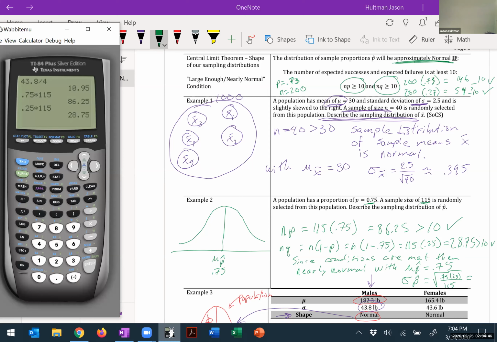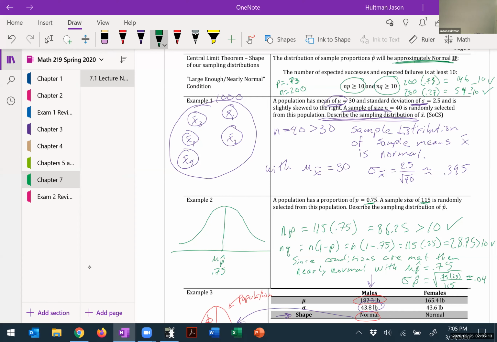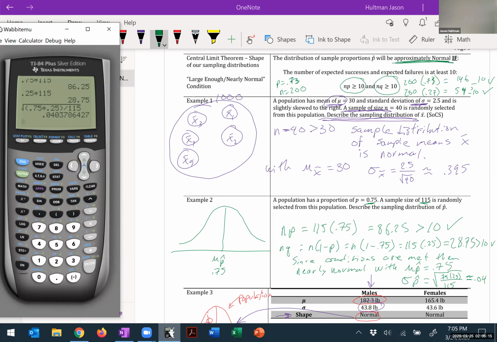So that's the square root of, maybe I'll put a parenthesis here because I'm dividing, 0.75 times 0.25 divided by the denominator, which is 115. And I get about 0.043. So it's nearly normal with mu of p equaling 0.75, so that's the mean, and the standard deviation is 0.04.